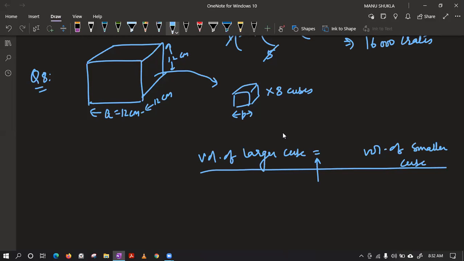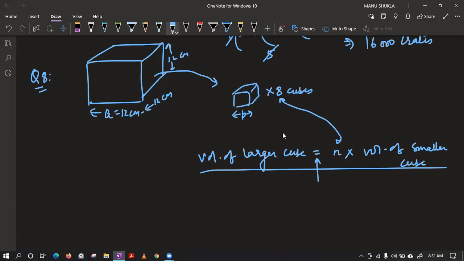To make them equal, we have to multiply by n into the volume of the cube, where n is given to us as 8 already. In the above questions, we were finding the value of n. In this question, n is given to us already, that is 8. We just need to find the volume of the smaller cube.